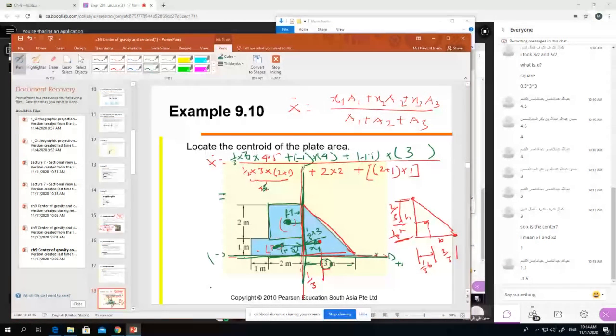Tell me the x value, please, quickly. What is the result?